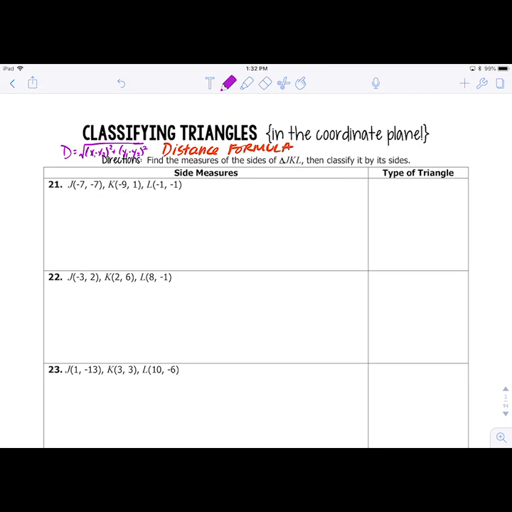Upon first look, they give you some coordinates and it says, classify the triangle based on its sides. And, okay, well, what do I need to know about sides of a triangle to classify? I need to know how long they are. Or I need to at least know how they relate to one another so that I can make some conclusion. Is it isosceles? Is it scalene? Is it equilateral, right? So I'm going to use the distance formula here.